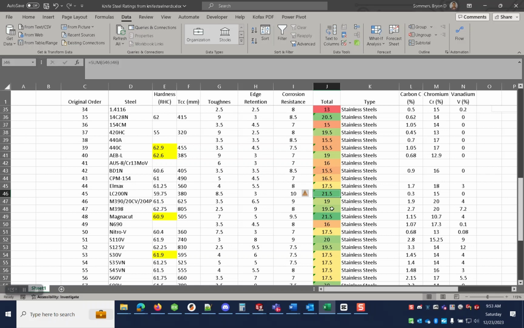But if you didn't care about corrosion resistance, you would only have 20 total. That would be an 11.5 or 12.5. So yeah, it would up the percentage a bit.